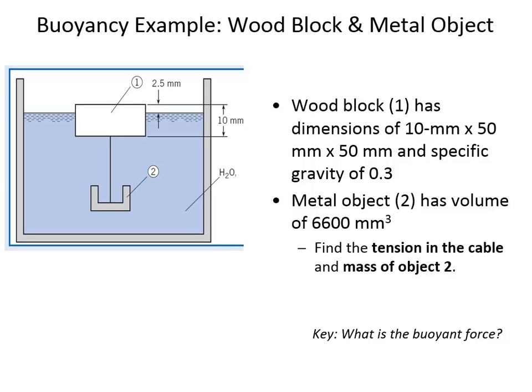We're doing the force balance on object 1. So we can rearrange that to find out that the tension in the cable will be FB1 minus the weight of object 1. So the tension in the cable is 0.184 newtons minus 0.0736 newtons. The tension in the cable is 0.1104 newtons.